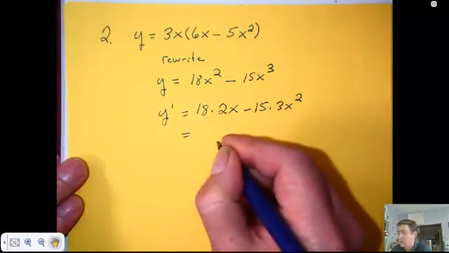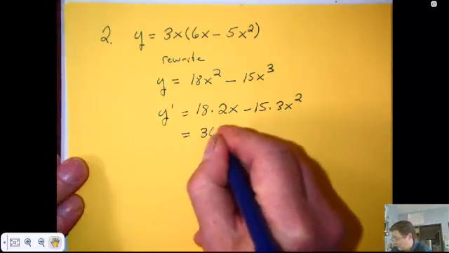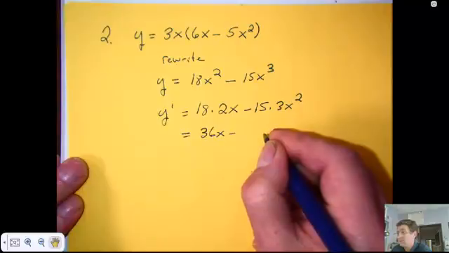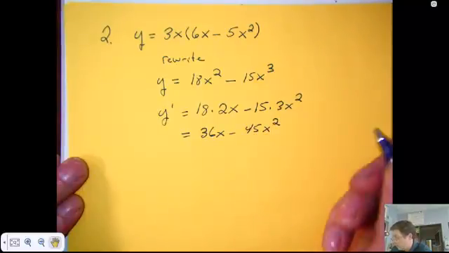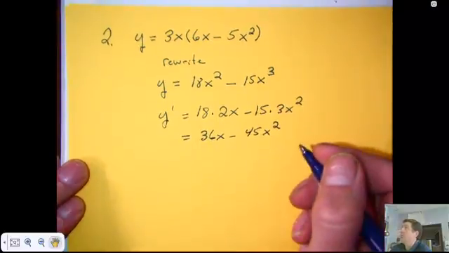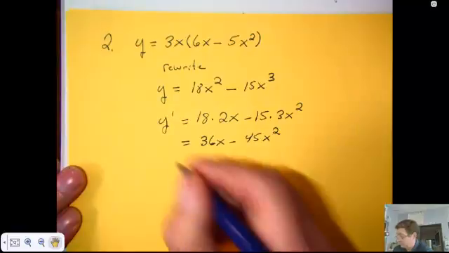So, see, 18 times 2x would be 36x minus 15 times 3. And I'm done.